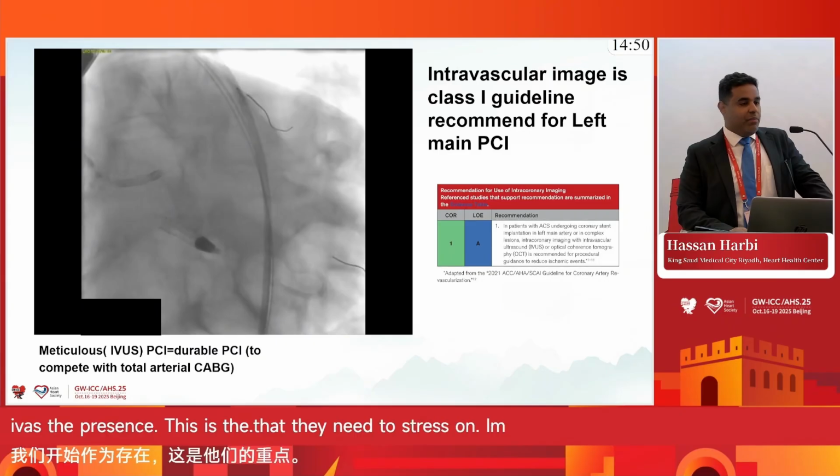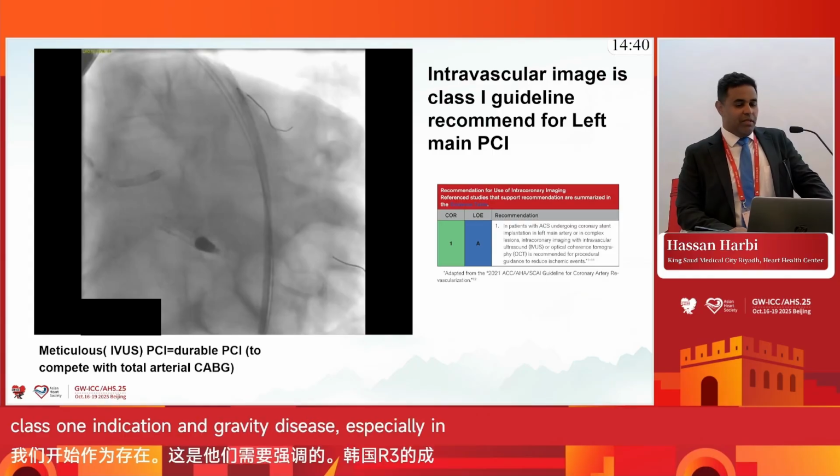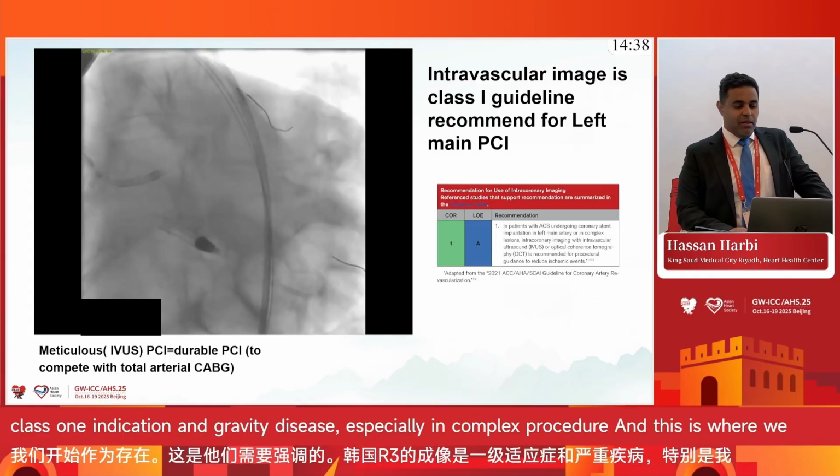Imaging of the coronary artery is a class 1 indication in coronary artery disease, especially in complex procedures, and this is where we should challenge the cardiac surgery results in CABG.